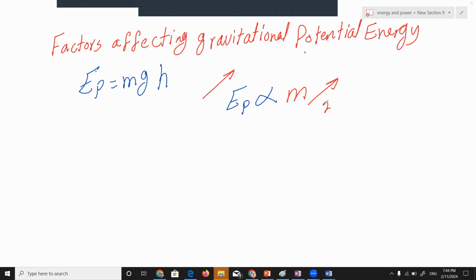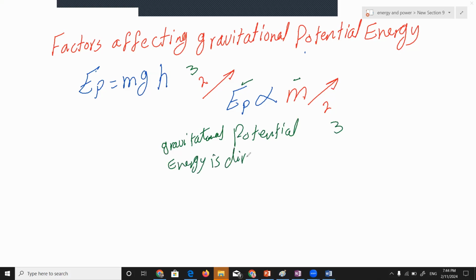If the mass is doubled, the gravitational potential energy is doubled. If the mass is tripled, it will be tripled.